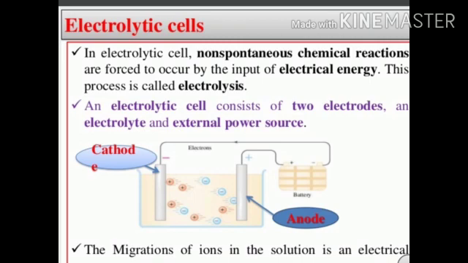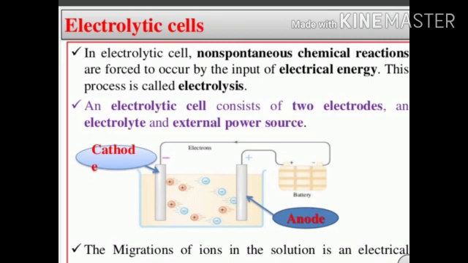In other words, the chemical change occurring at electrodes when electric current is passed through an electrolytic solution is called electrolysis. And the apparatus used to bring about electrolysis is called an electrolytic cell.